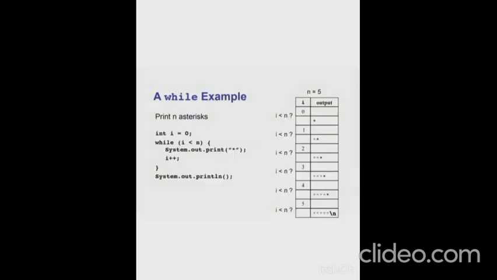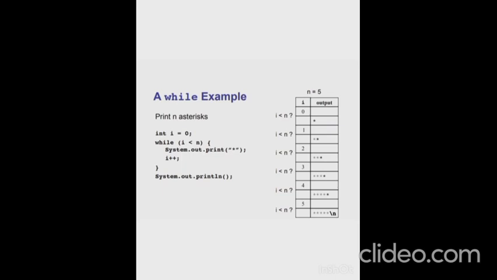While example, print n asterisks: int i = 0; while (i < n) { System.out.print("*"); i++; } System.out.println(); When n is equal to 5, what is the output? Is i < n?